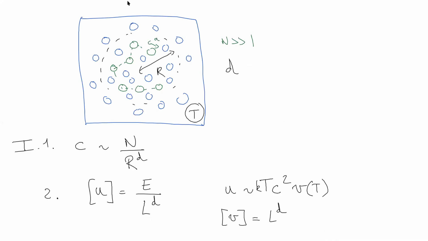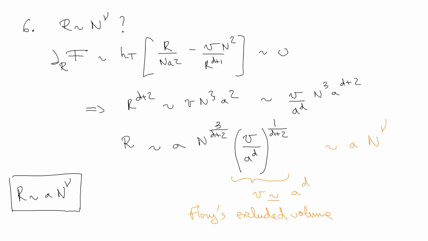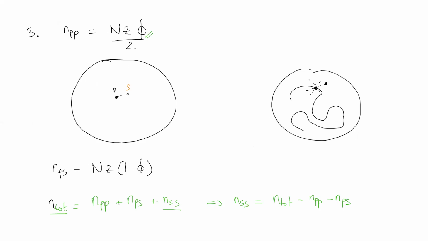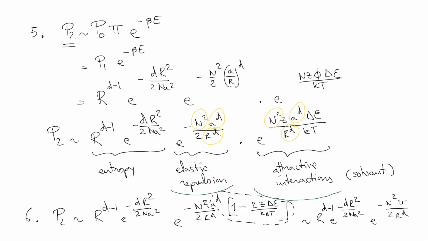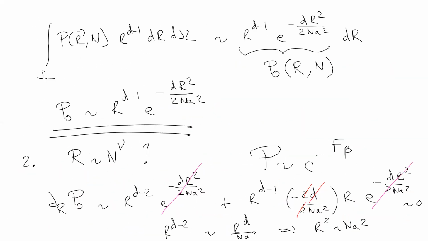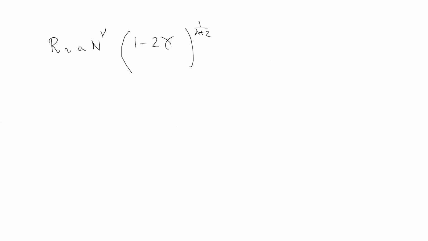So we can rewrite this as R goes like A n to the nu, and then you have 1 minus 2 psi to the power 1 over D plus 2, since V over AD is 1 minus 2 psi. Okay. Where are we now? All right. So there is this new term here.